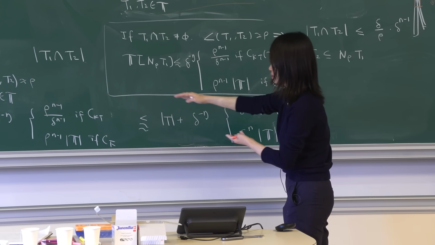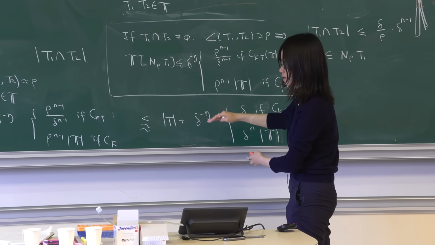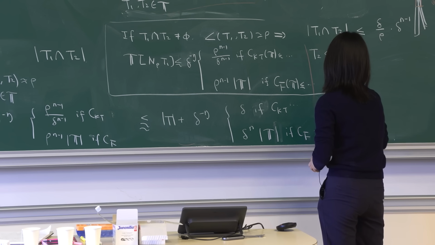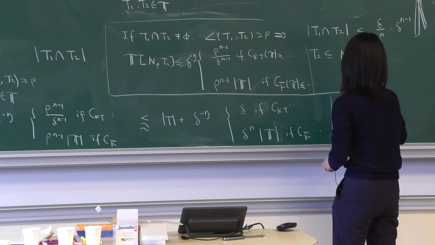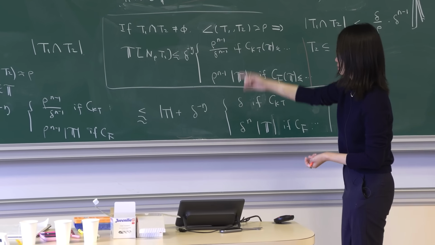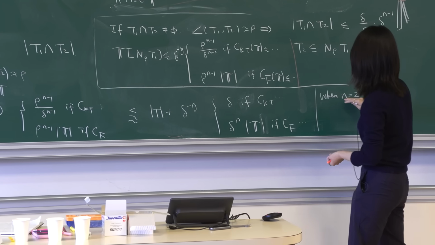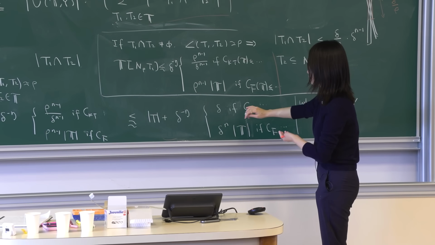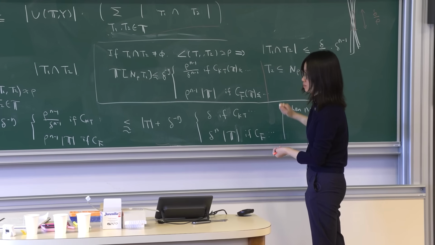So for now, all the argument works for any n, but here is when we see that when n equals 2, then this gives exactly what we want. But when n is greater than 2, this bound does not give the optimal bound.